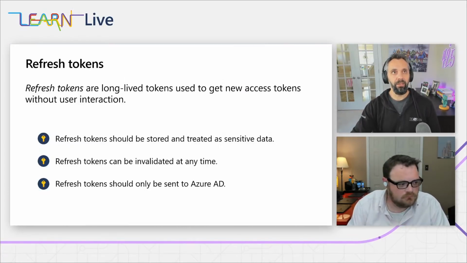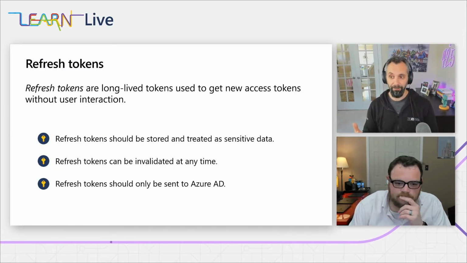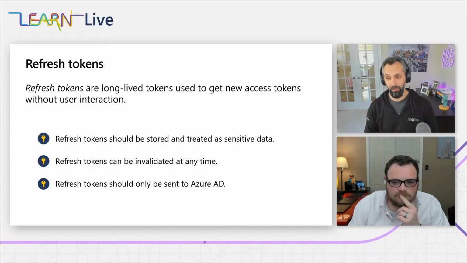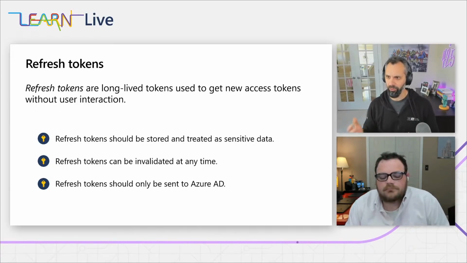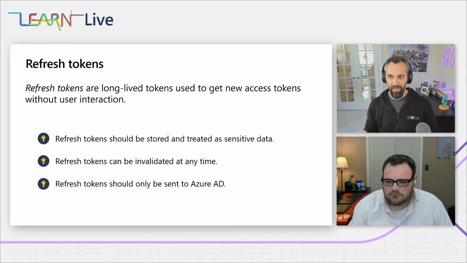And finally, refresh tokens. The refresh tokens are long-lived ones. There are some changes coming to the Microsoft Identity Platform with continuous access evaluation, but this is something to cover a lot later. Right now, all you care about is that refresh tokens should be treated as sensitive information, because they can be used to reacquire access tokens. They can be invalidated at any time.